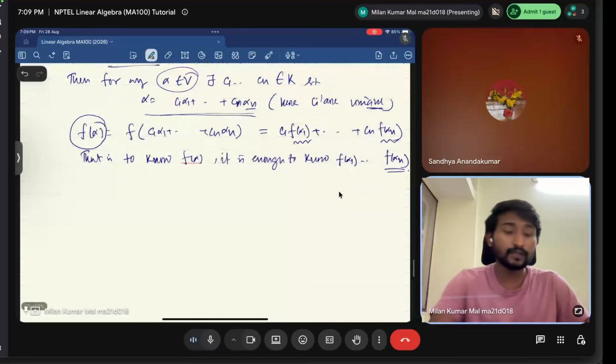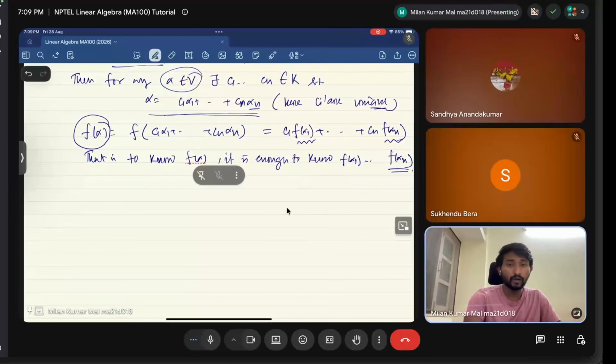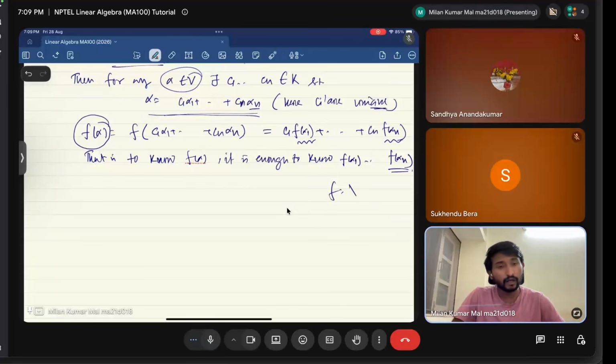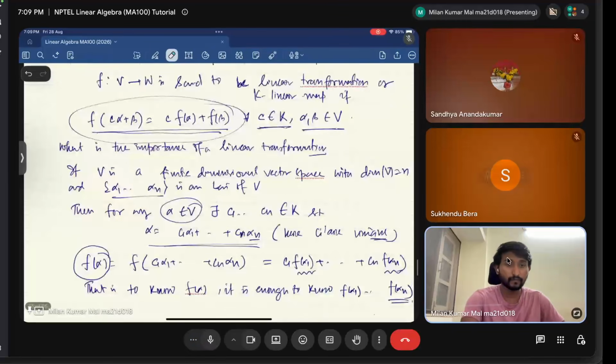That is the main fact. When you have just an arbitrary function between two sets X and Y and you want to know the function, you should know the value of the function f at each point of the set X, right? But here f being a linear transformation, that is a map given in this way.